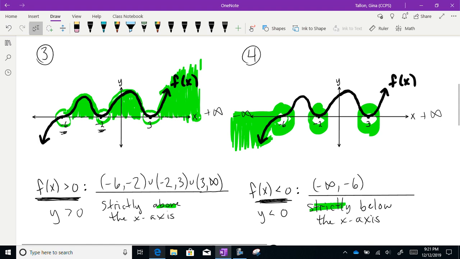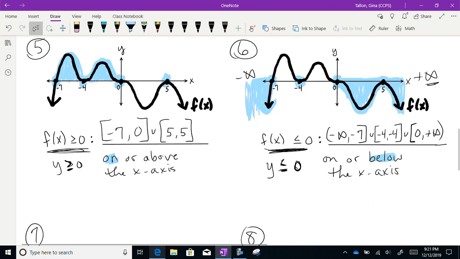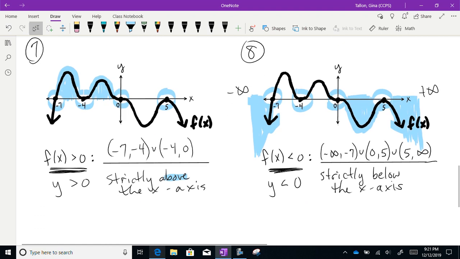And we have no brackets in any of our intervals. And now we're back to 5 and 6. See all those brackets again? Because I have the equal to 0 as part of my interval. And 7 and 8. Notice all the parentheses, no brackets whatsoever, because your inequality doesn't have an equal sign.